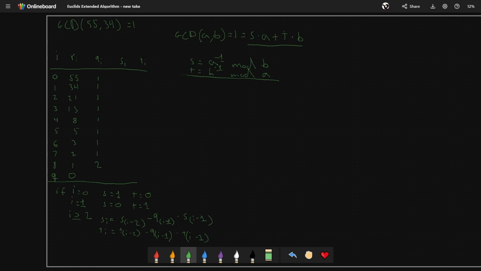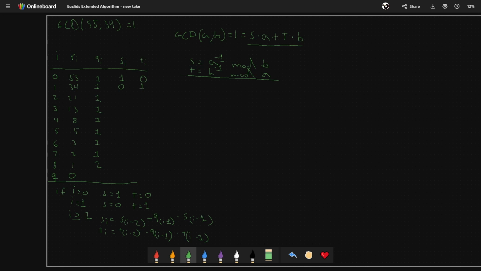And per the rules, that means that Si is going to be equal to 1. I'm going to quickly correct all my 1s here in the quotient so you can see that they're not mistaken for simply lines. And Ti is going to be equal to 0. At the next line, we have i equal to 1. So here we will have Si equal to 0 and Ti equal to 1.